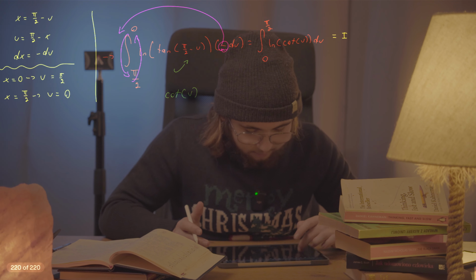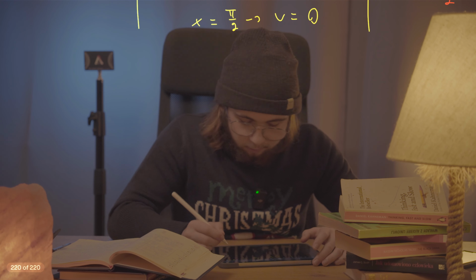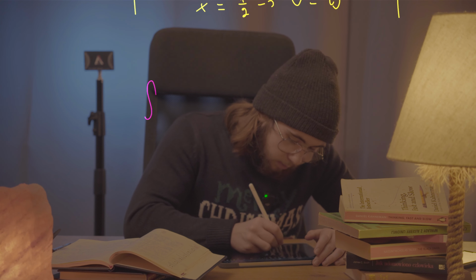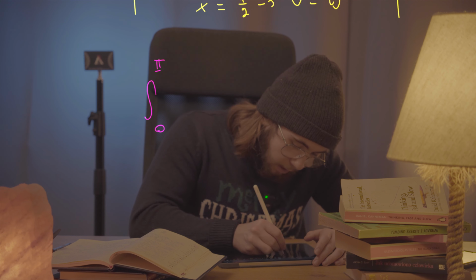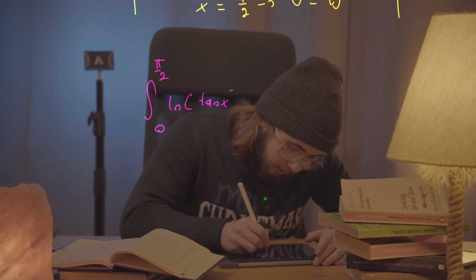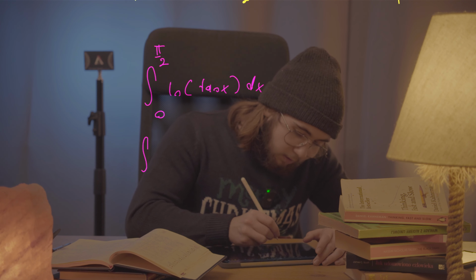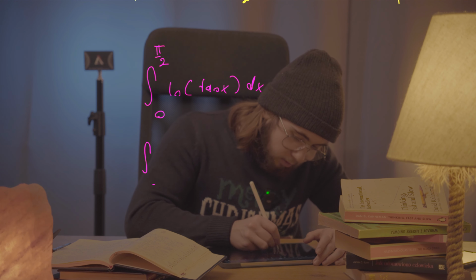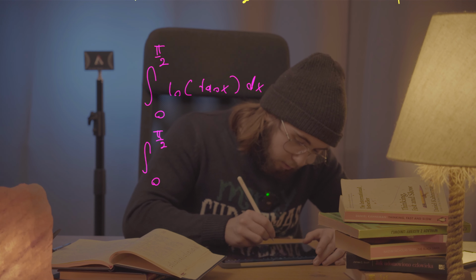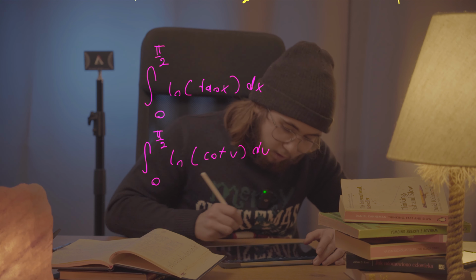I can just take my original integral, which was the integral between 0 and pi over 2 of the natural log of the tangent of x dx, and I'd like to add it to the integral between 0 and pi over 2 of the natural log of the cotangent of u du.